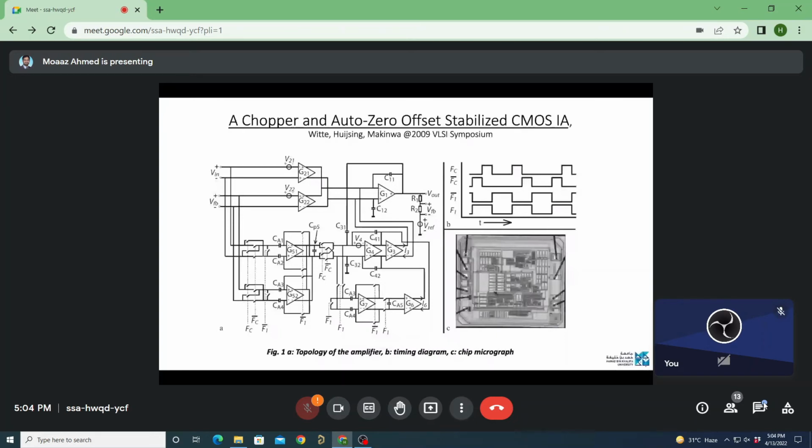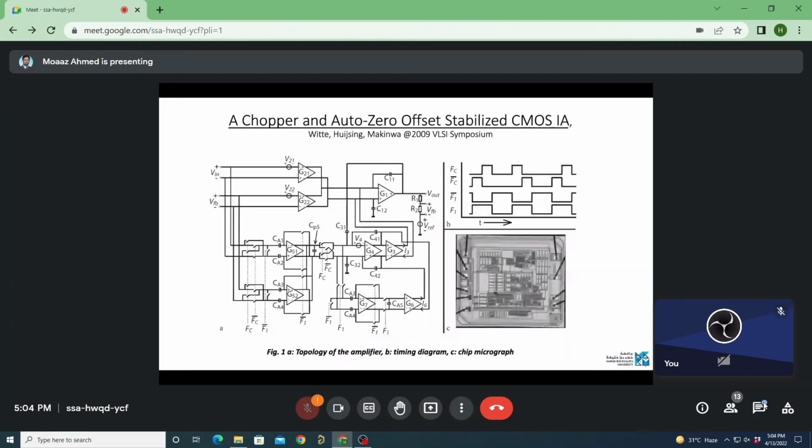These kinds of amplifiers are called chopper stabilized amplifiers, meaning that by using choppers, one of the paths is made more accurate, and the upper path doesn't have any auto-zeroing or chopping. The high frequency path doesn't have any offset cancellation.